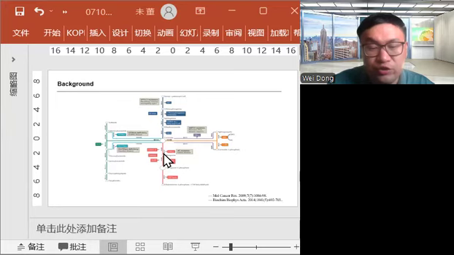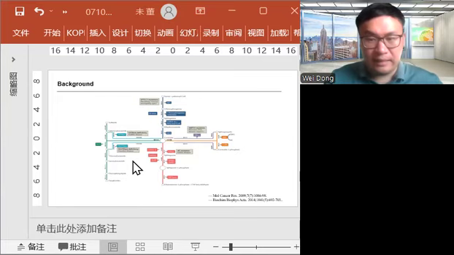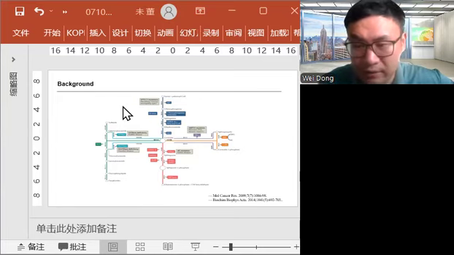Ceramide can then undergo further conversion into various sphingolipid molecules through different pathways, such as the salvage pathway, like the red one, and the glucose metabolism pathway, like the green one, and the sphingomyelin pathway, like the orange one.